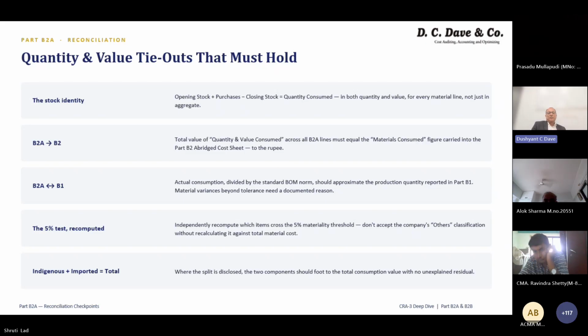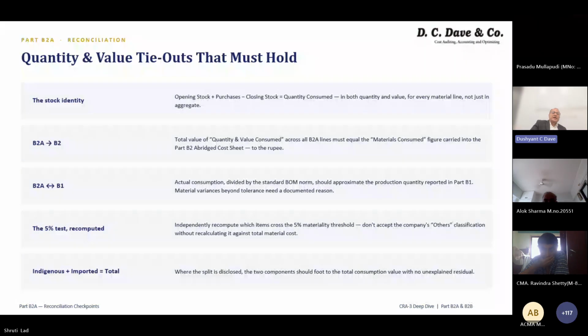Suppose last year 1.2 kg of steel produced one finished unit. This year 1.8 kg is consumed. Why? New product design, increased rejection, lower quality material, wrong recording, incorrect BOM. This ratio often reveals operational inefficiencies.